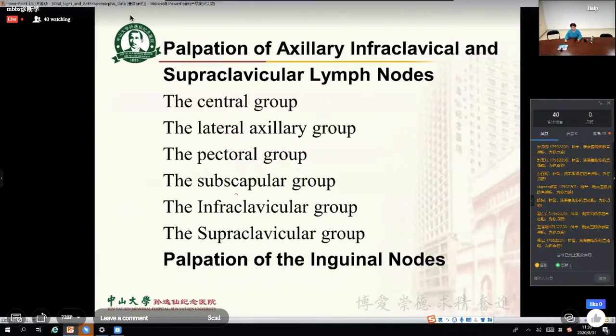In the past years, I performed this lymph node examination using real models from you guys.